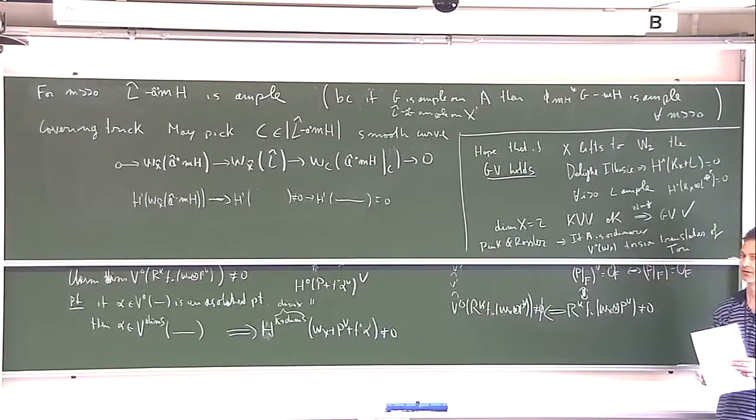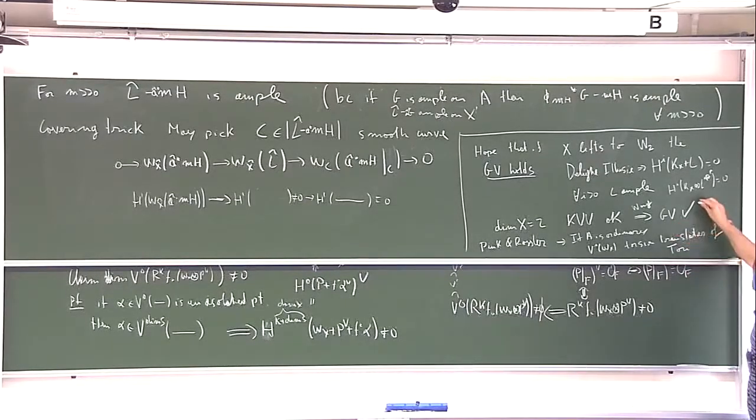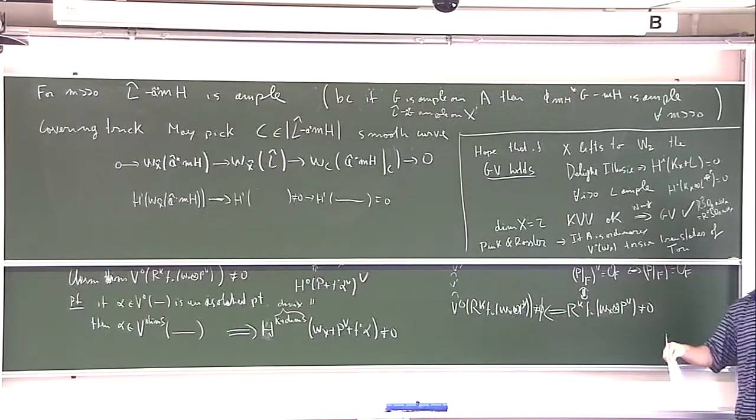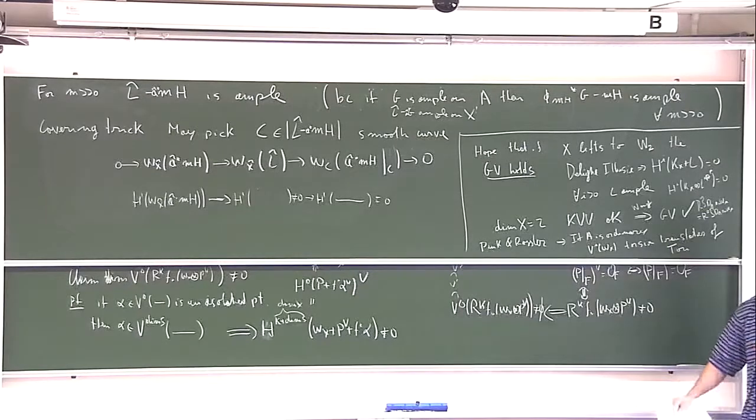I'm sorry. So when you say generic vanishing holds for dimension X equal to 2, generic vanishing means R^i S-hat of R a_* omega_X is equal to R^0 S-hat of R a_* omega_X. It's the dimension statement. A is the Albanese map. It's the dimension of these guys, right? Because we saw that this kind of statement is equivalent to codimension of each V^i greater or equal to i.